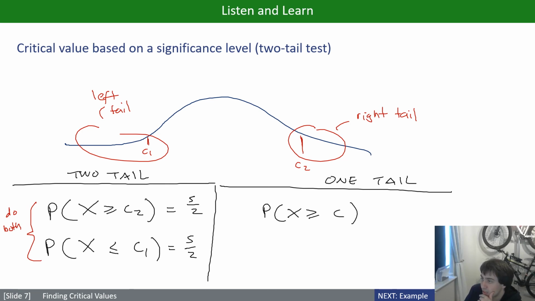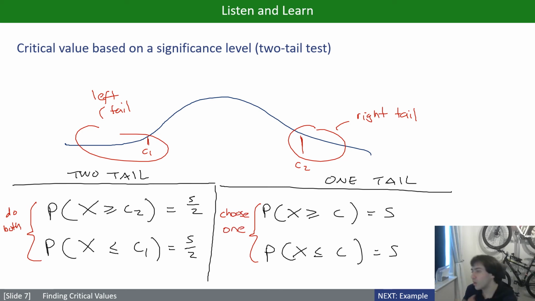So let's just call it C, and it's equal to S. You're only going to pick one critical value, and the one you choose has to line up with the hypothesis. For two-tail, your alternate hypothesis will always be a not equals on the population parameter. For one-tail, it'll either be greater than or less than. If it's greater than, you pick this. If it's less than, you pick this.